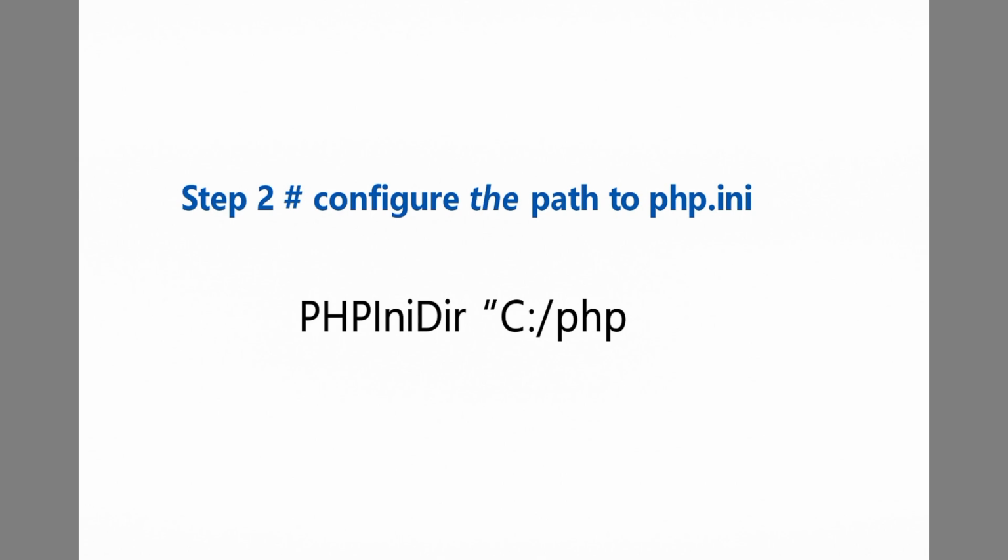Without this step, PHP may not run properly, or it might load default settings instead of the customized ones you defined. Once you've added this line and saved the configuration file, restart the Apache server to apply the changes. After restarting, Apache will successfully recognize and use the php.ini file from the specified directory, completing this essential step in the PHP setup process.